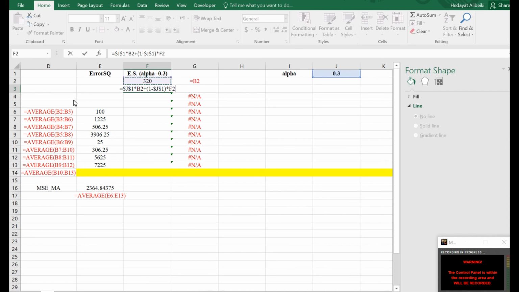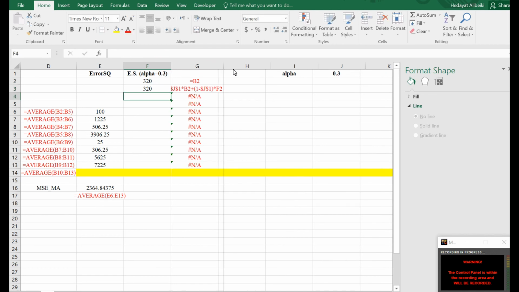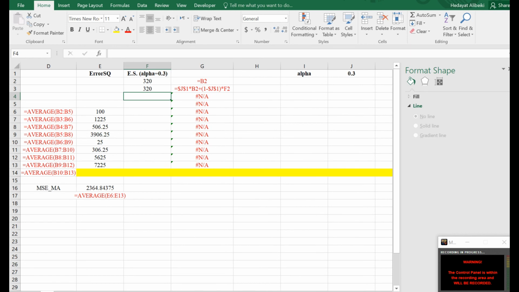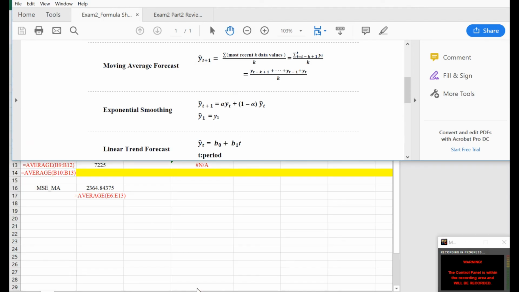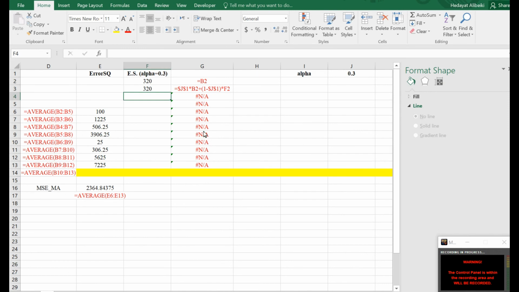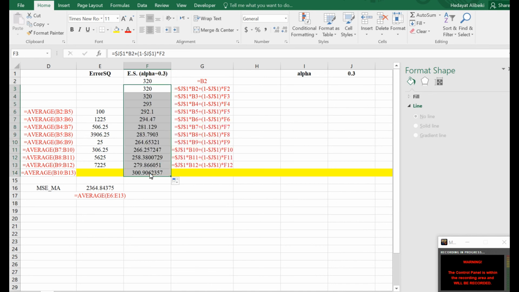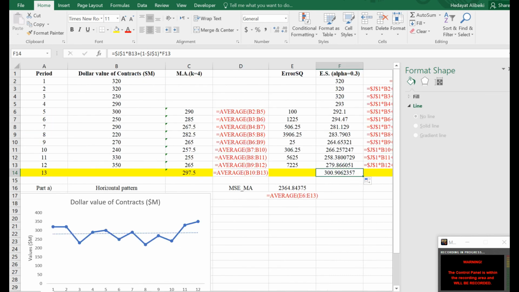And then, if we check the formula sheet again, after period 2 the formula is going to be the same. So I can simply drag it down. If I drag this down, it's going to give me the forecast. Then my forecast for the next period, period 13, is going to be 300.9, which is slightly different.